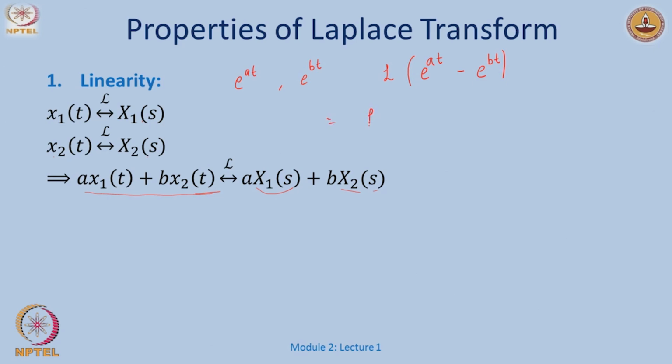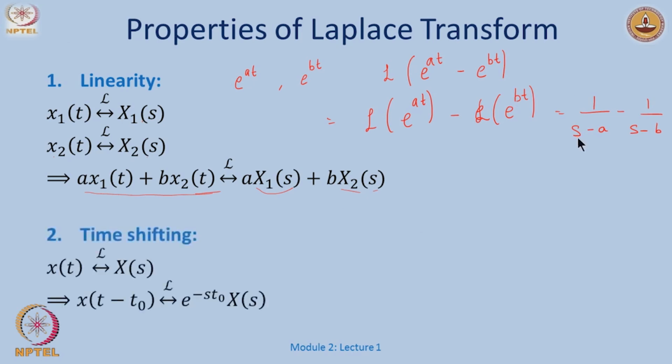According to the property, this is simply the Laplace transform of e power at minus the Laplace transform of e power bt. And that is simply computed to be 1 over s minus a minus 1 over s minus b. Right. So, I am just individually computing and then adding up.